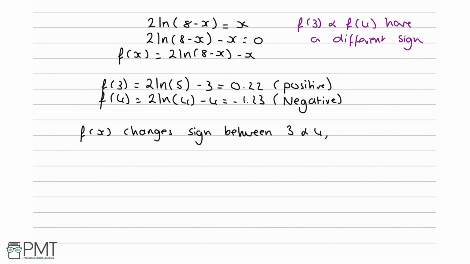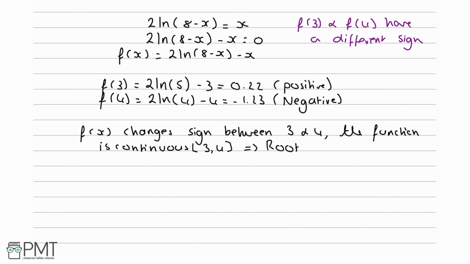You also need to say one more key thing: the function is continuous. This is a really important point, and it just means that throughout 3 to 4, each x value leads to a specific y value. These two conditions mean that there is a root.